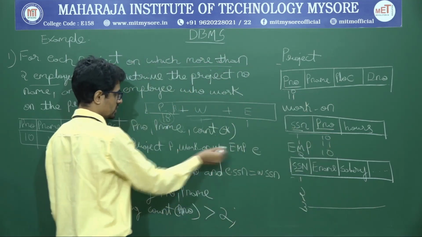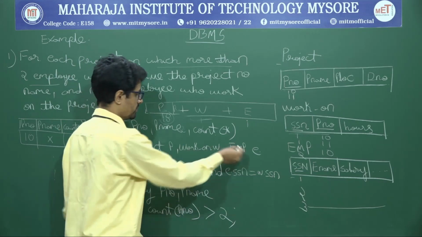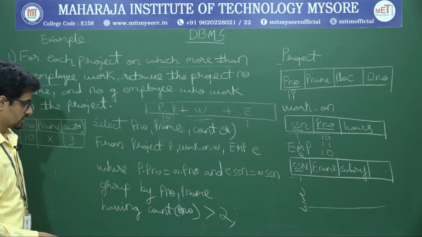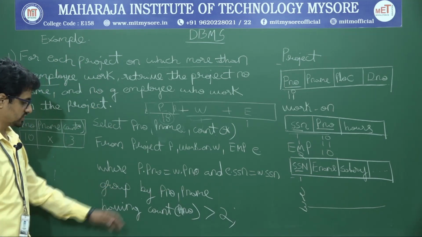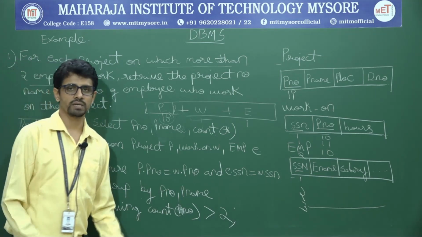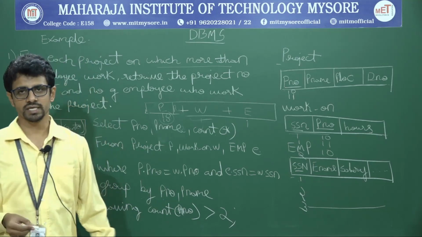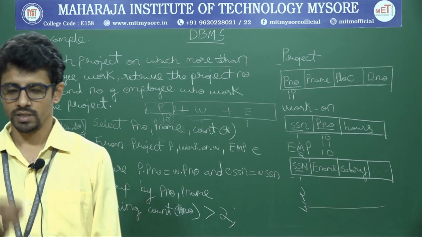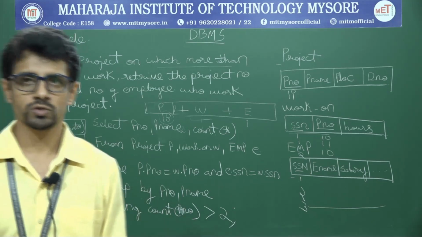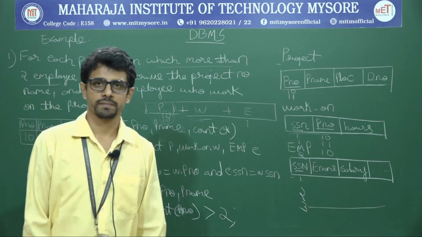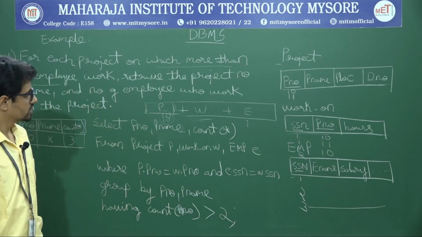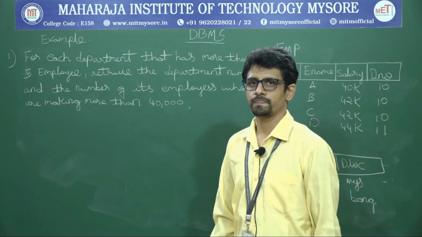With the help of this we join employee and project, because employee and project are not directly related. After joining, apply the group by and having conditions to eliminate some of the groups: only those groups having more than 2 employees working in the project are displayed, the rest are eliminated. So this is the simple query. We will see one more example next.